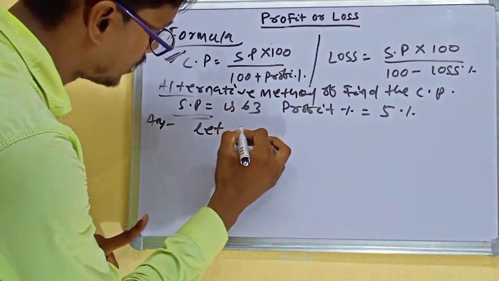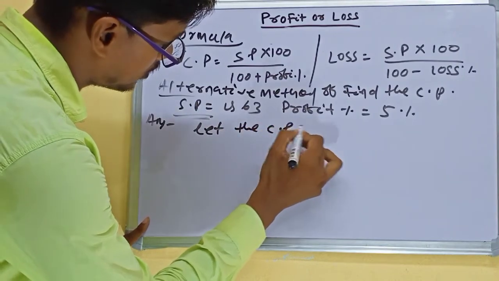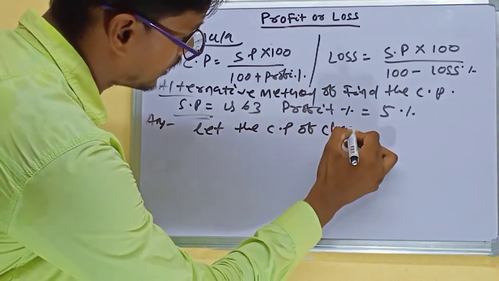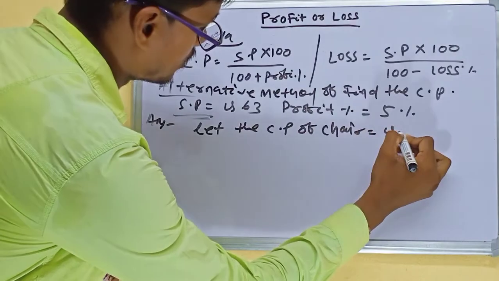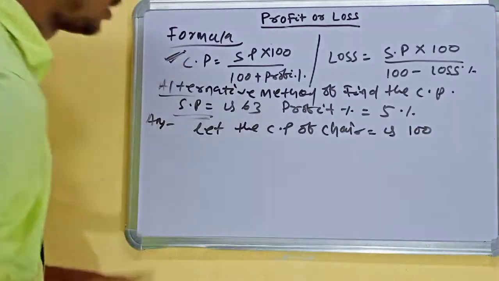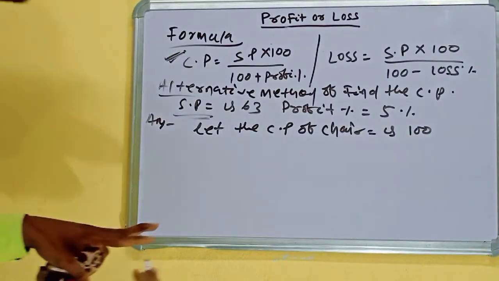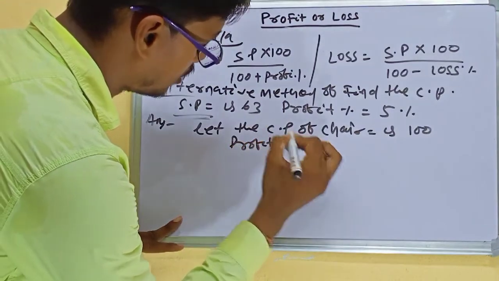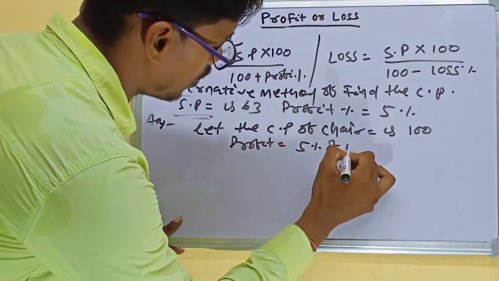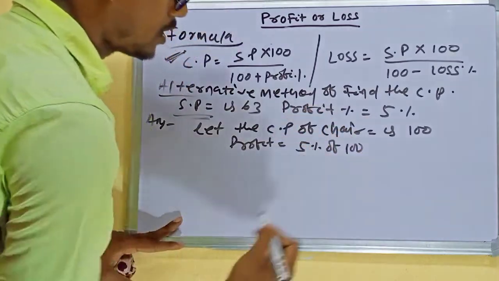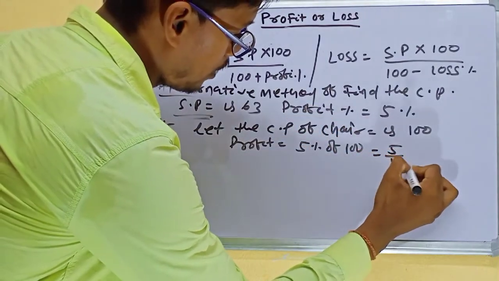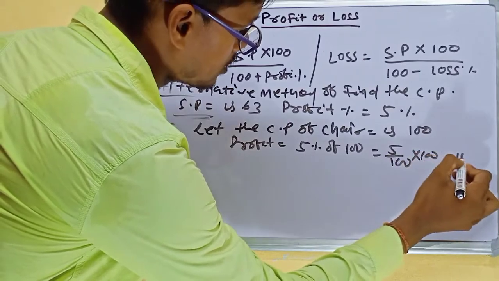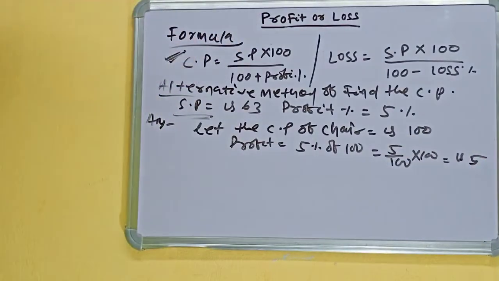First of all, let the CP of the chair be rupees 100. Then profit is equal to 5% of 100, which is 5 by 100 into 100, rupees 5. Profit is rupees 5.